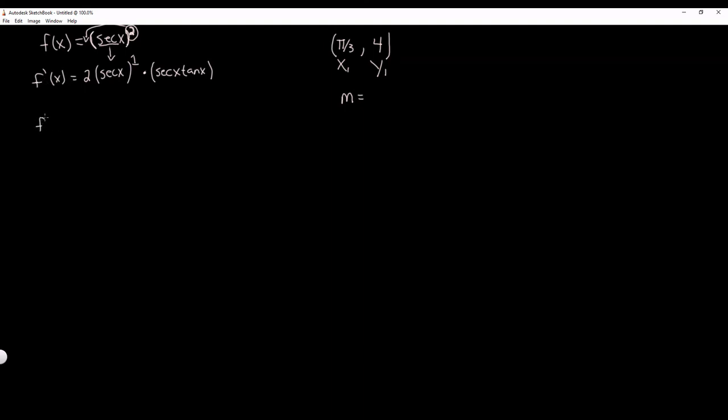So f prime of pi thirds is going to be equal to 2 times secant of pi thirds, and we don't need to write to the power of 1 because it's implied, times secant of pi thirds times tangent of pi thirds.